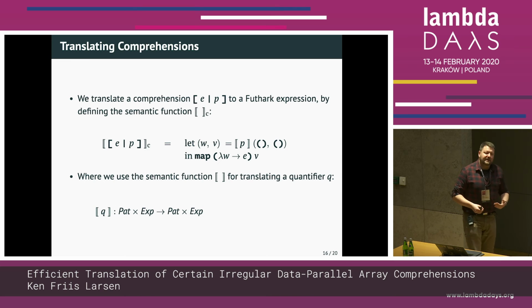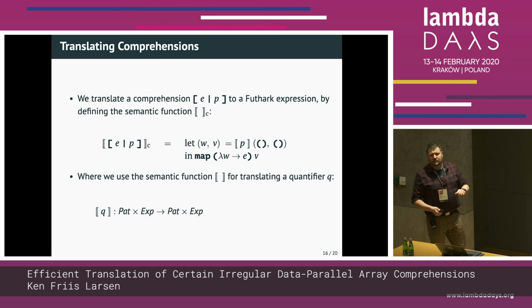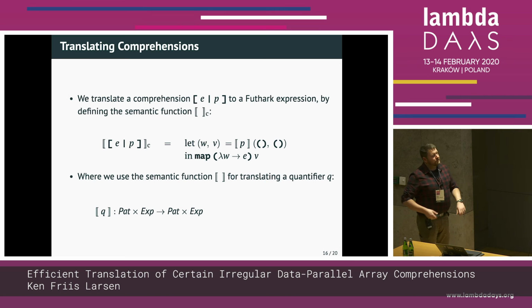Again, the interesting part here is that we cannot use the standard transformation, because usually it will use concat and map, and in particular this concat will be over irregular arrays. Sometimes when I say concat and map, we'll say map concat or concat map, also known as bind, and have a monadic interpretation, but we will have a slightly different translation.